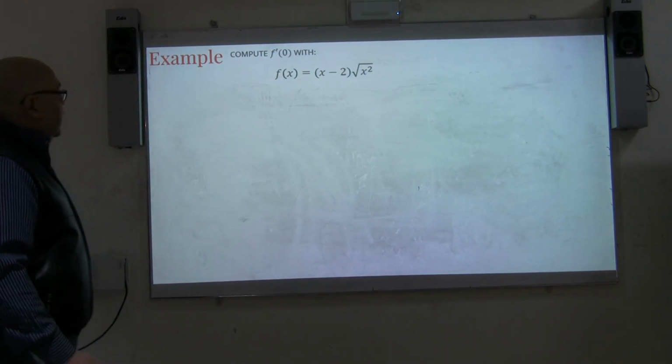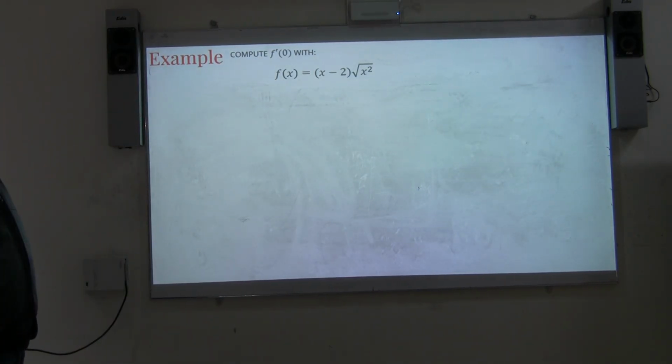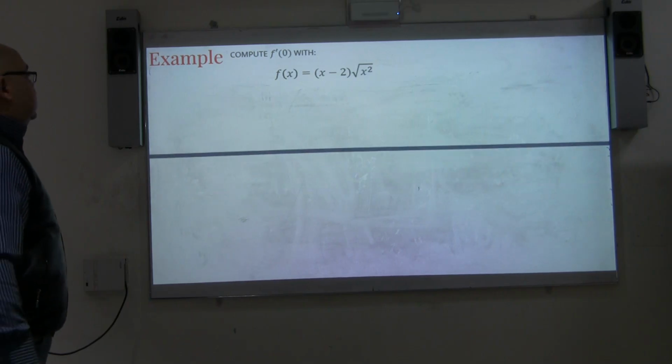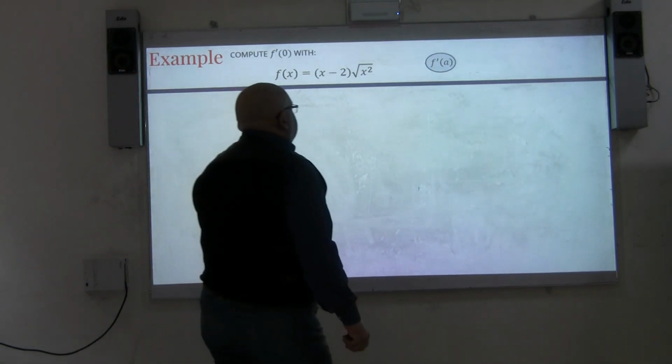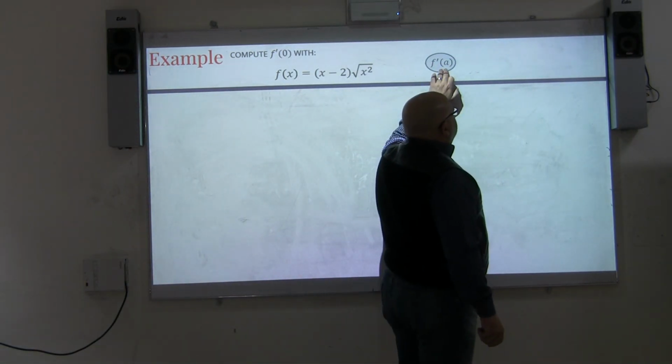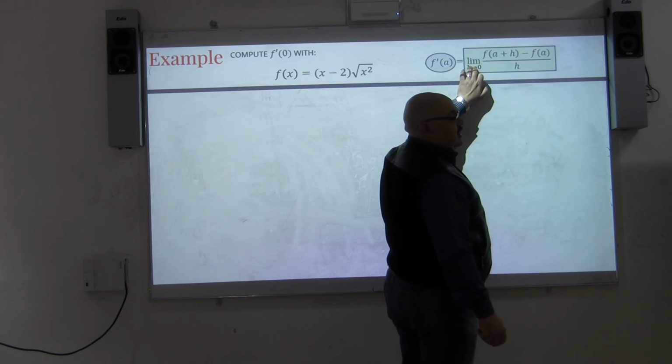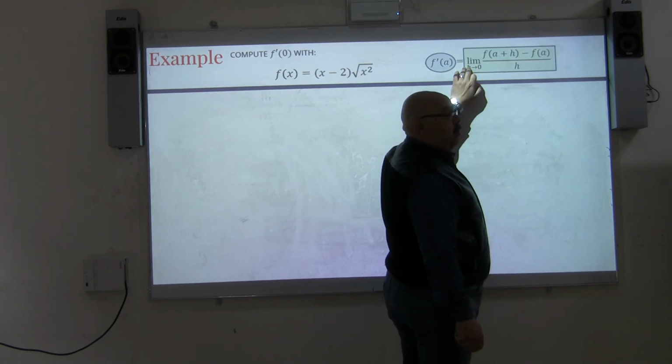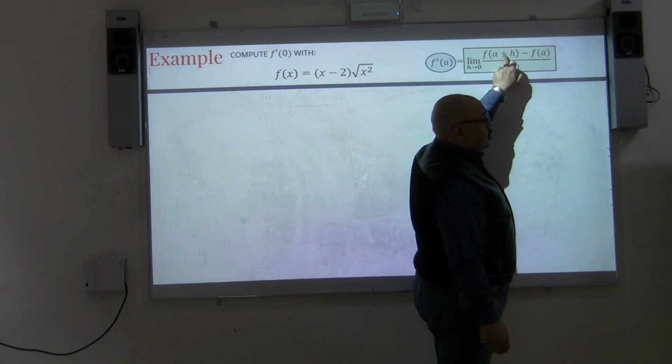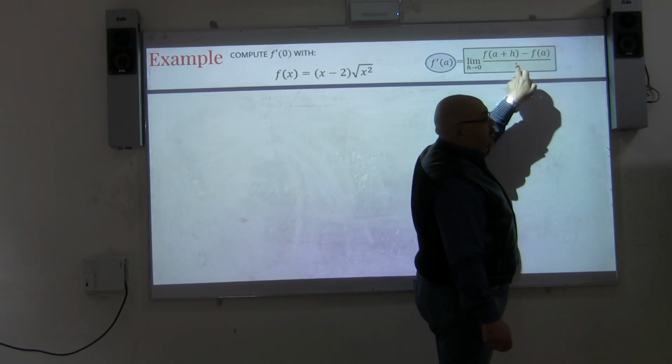Once more, I want to get the derivative of this function at 0. The function is given by x minus 2 times the square root of x squared. So all I have to do, once more, is to apply the law. The law states that f dash at 0 will equal the limit, I'm sorry, as h tends to 0 of f(0 + h) minus f(0), divided by h.